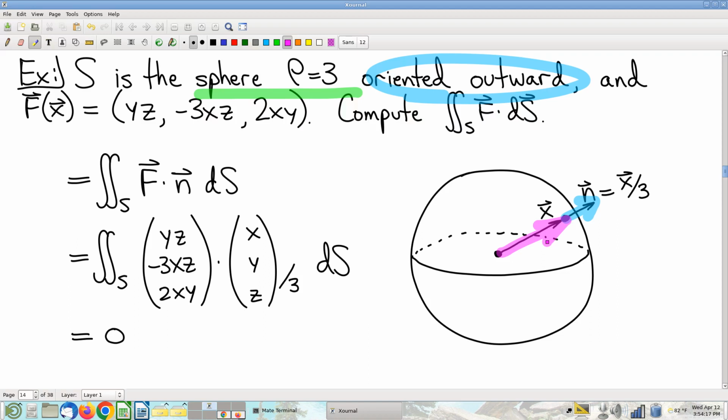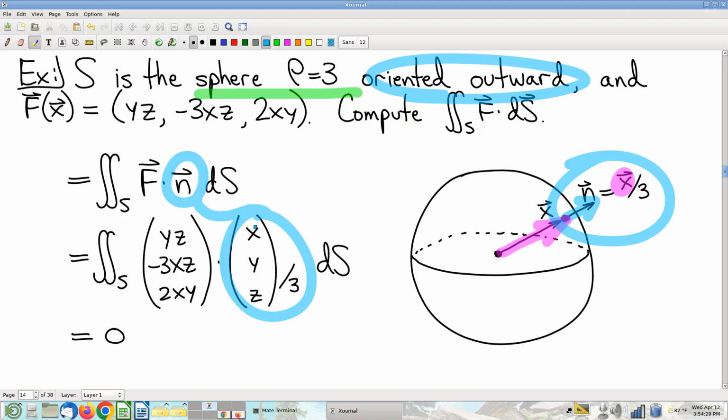So, this is a huge payoff because the position vector x is easy to write down. That makes this unit normal vector easy to write down. And combining that with the vector field we were given in the first place, this is the vector field we need to dot that with.